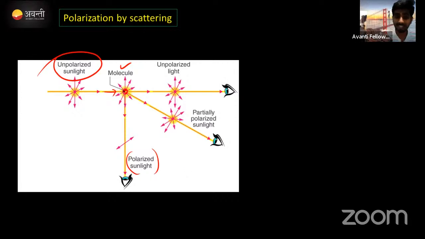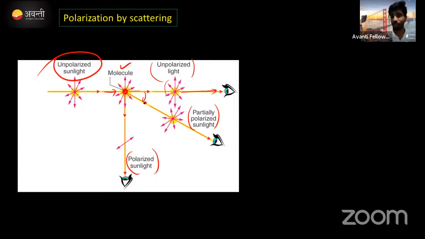When it is incident on molecules, if you look at the light directly, parallel to the direction, you will observe the same amount of unpolarized light. There is no change. If you make some angle, then it may be partially polarized, meaning some waves will decrease. Polarization means amplitude is continuously decreasing, that's why.